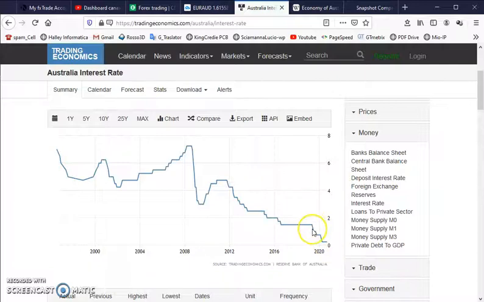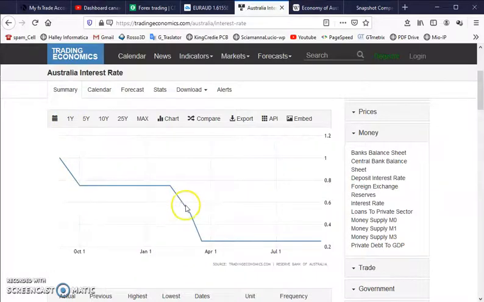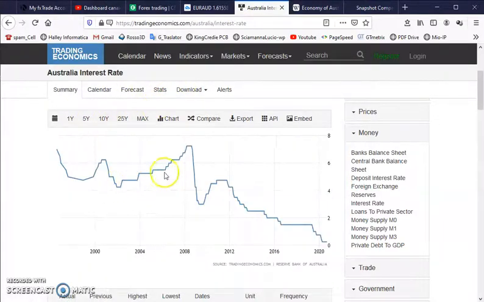In less than some months it passed from 1% to 0.25. Therefore, the difference in the official rate is very big.